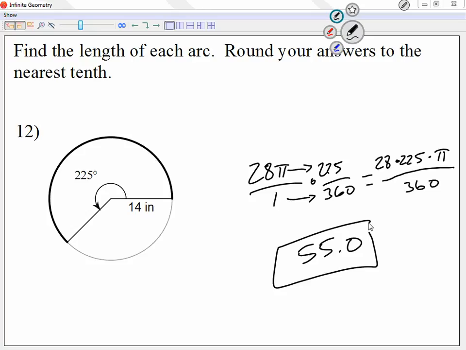So once again, on the front side, when you're leaving pi in it, do simplify the fraction. 49.9, but what comes after the 9? Because you have 49, your answer was 49 point.